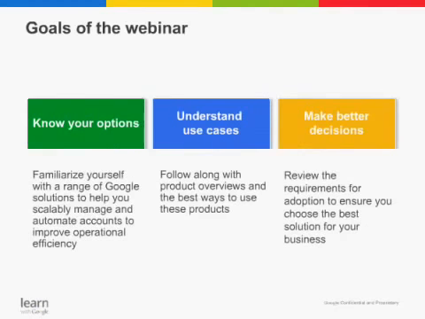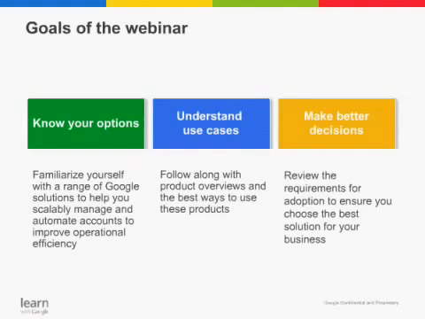And in today's webinar, we'll be reviewing 4 of these tools with the specific goals of: 1, highlighting the range of solutions available to help you scalably manage and automate your accounts to improve operational efficiency. 2, providing details on each tool, including use cases and best practices, as well as recent updates and enhancements, all to help you. 3, decide which tool or tools will best meet your needs based on the time, skills, and costs required for adoption.